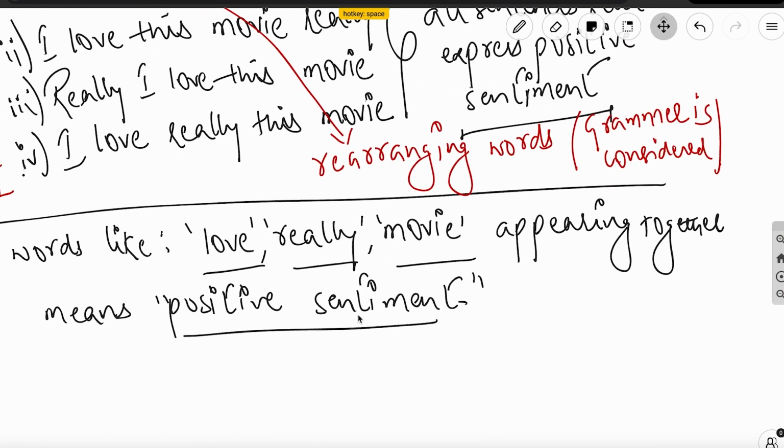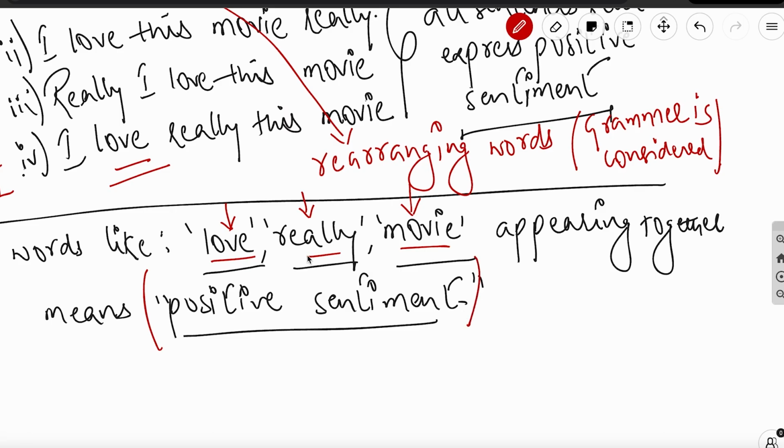The model basically understands one thing, that when we have words like love, really and movie, okay, when we train the model with this synthetic or user generated data set, the model understands that when we have these words coming together in a sentence, it means there is a positive sentiment, okay.